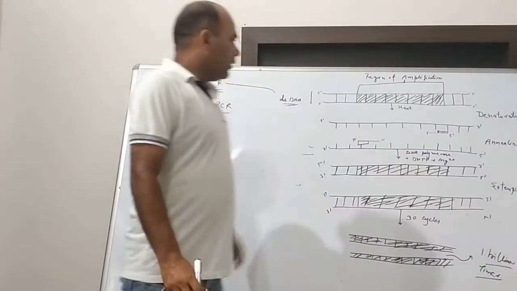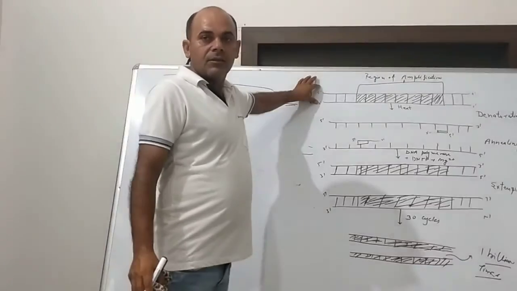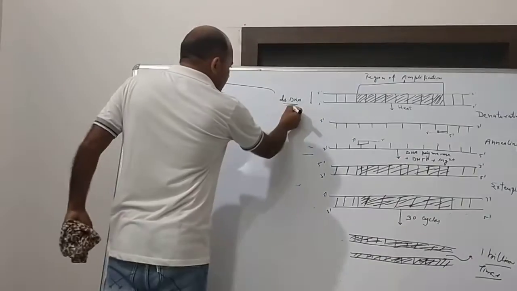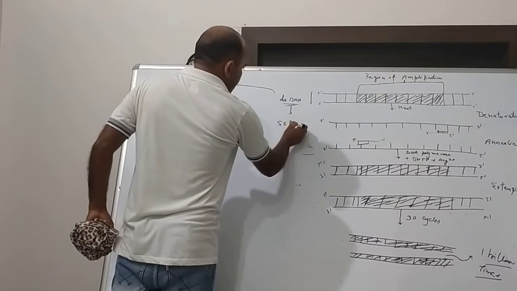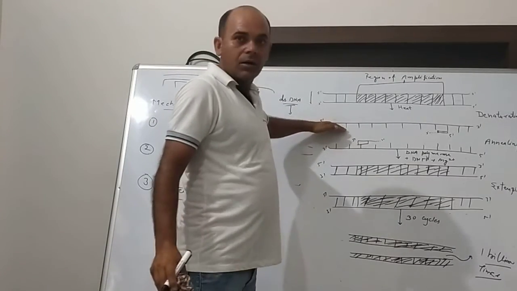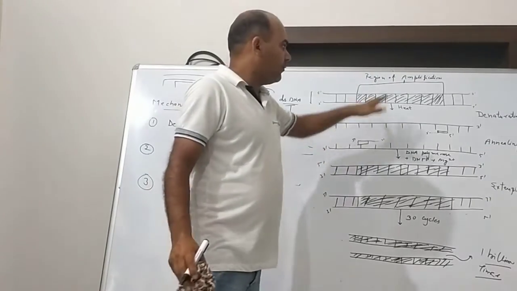Heat. When the temperature is given, our double-stranded DNA separates into ssDNA. It is converted into ssDNA. It means single-stranded DNA. This strand is above, this strand remains below. So this is the first step.